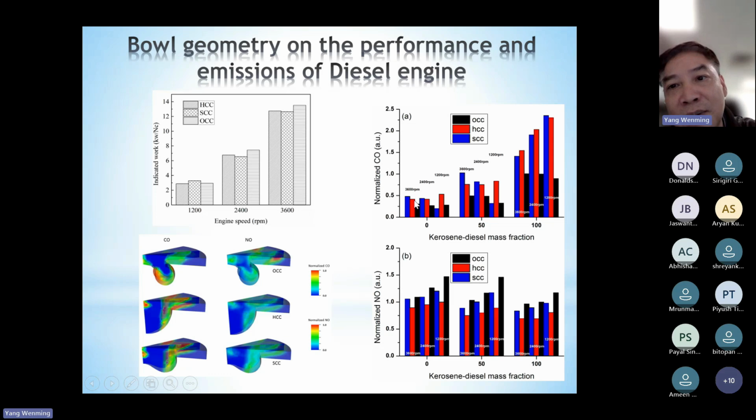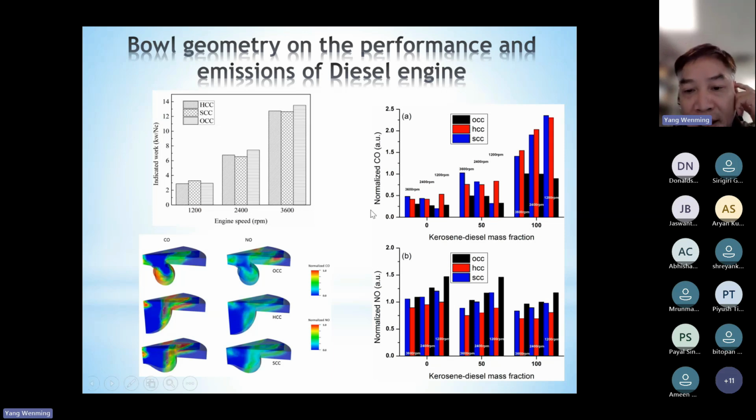At high engine speed conditions, again, because the turbulence is different. OCC has the strongest turbulence, so we can see the CO emissions will be smallest, because the strong turbulence can improve the combustion process.